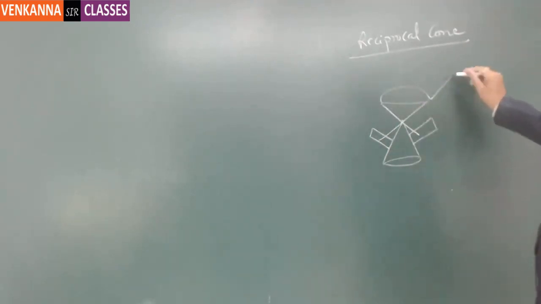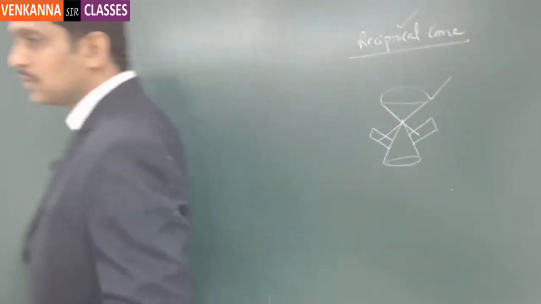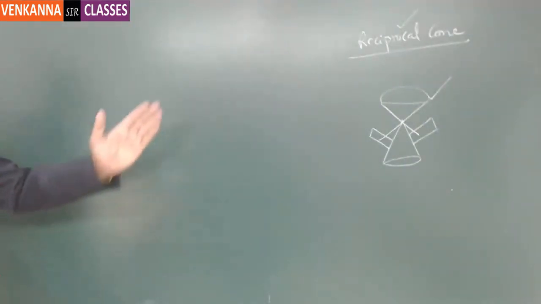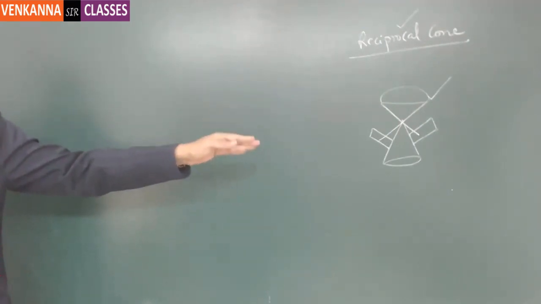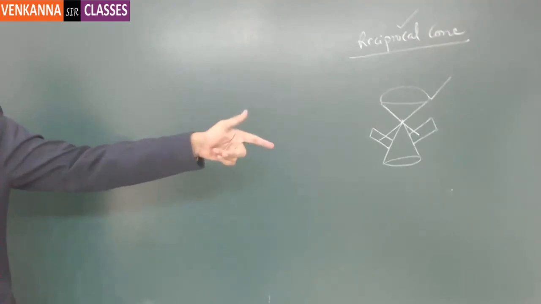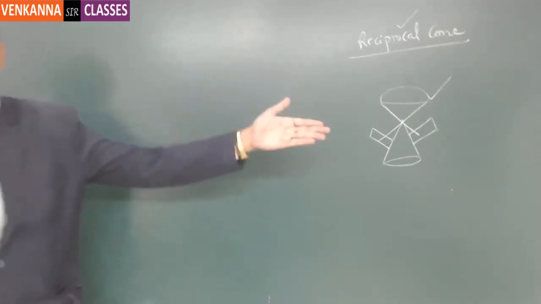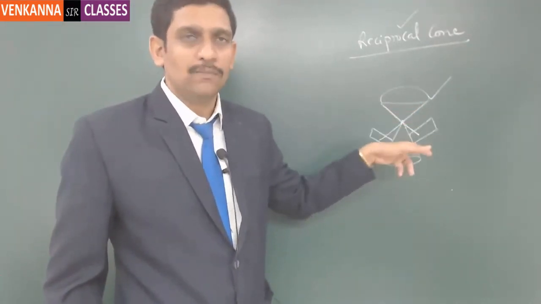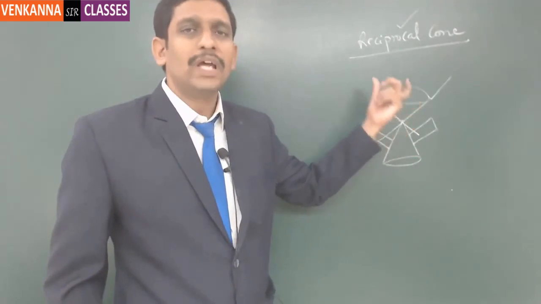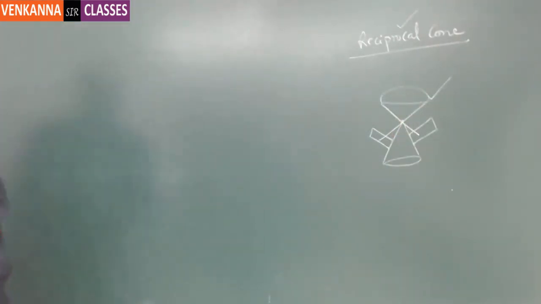This cone we call the reciprocal cone. In other words, the set of normals of the tangent planes for a given cone will become the generators of the other cone having the same vertex as the given cone. The new cone, we call the reciprocal cone. Okay? Is the definition clear?